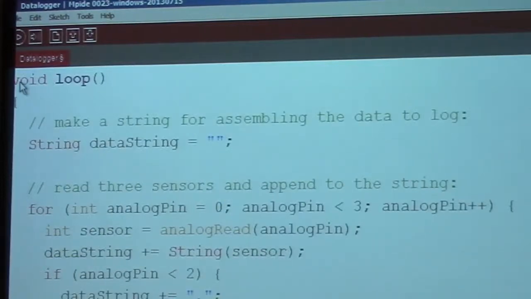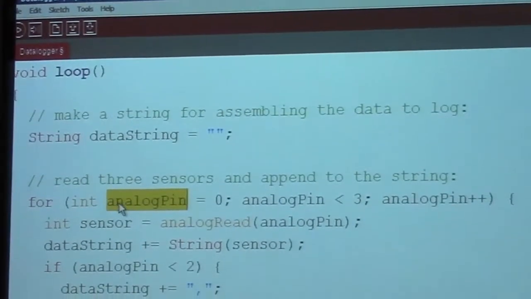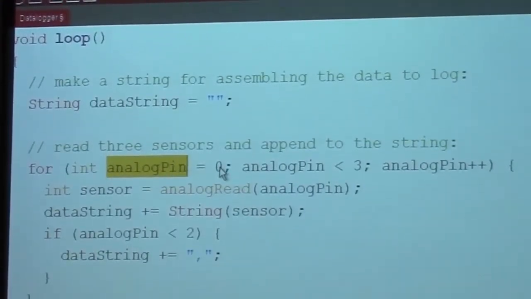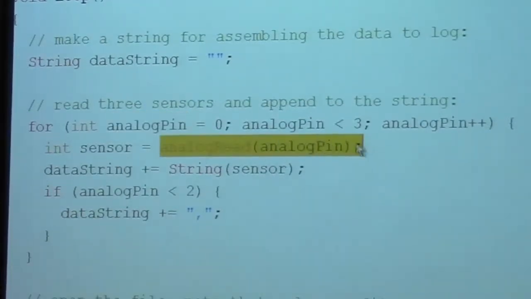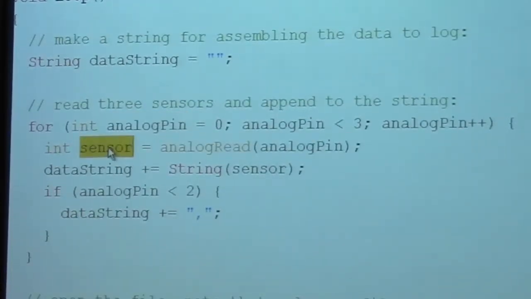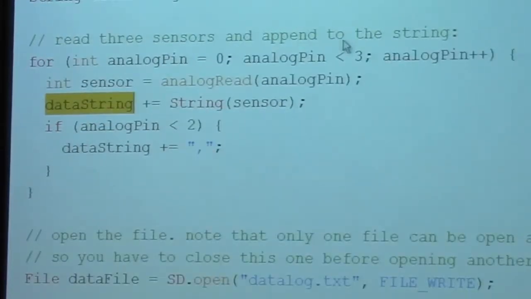Okay, now this one has a loop. And what the loop does is there's a variable called analog pin. It goes from 0 to 3, and then it reads the analog pin, stores it in a variable called sensor, adds that to a string, and then writes that string out, 0 through 3. It reads pin 0 through 3, appends it with a comma.